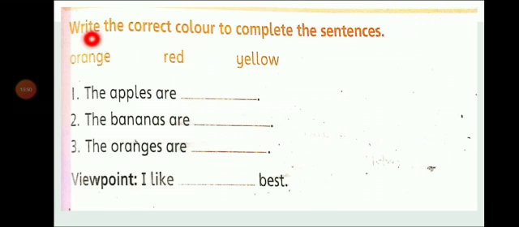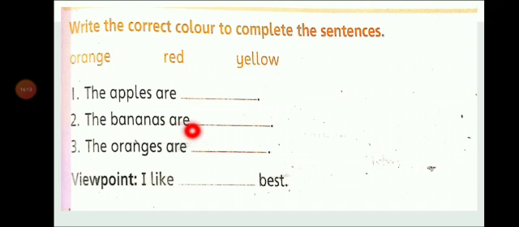Blanks. Write the correct color to complete the sentences. Take out your pencils. You have to write it by yourself. Now there are three colors: orange, red, yellow. Now you have to tell the apples are blank. You have to tell by yourself that apples are red, orange or yellow.